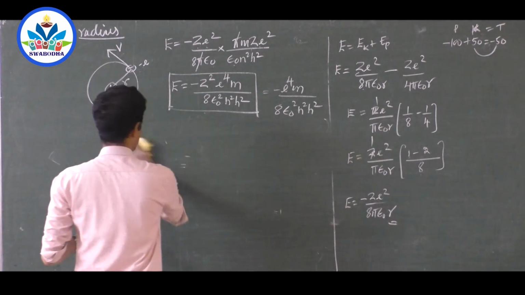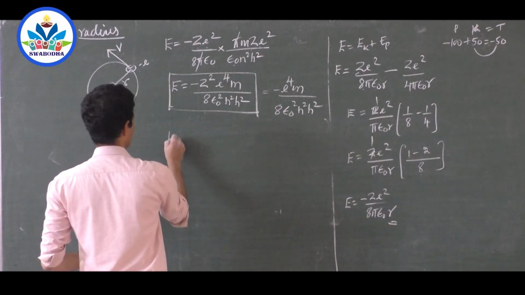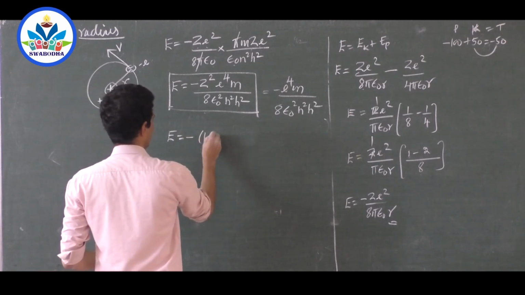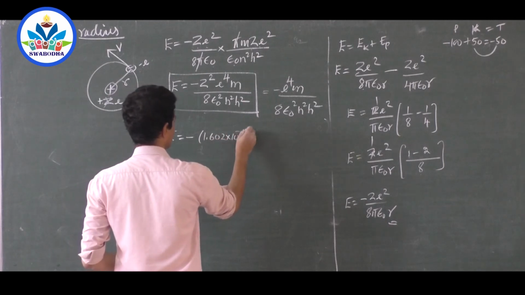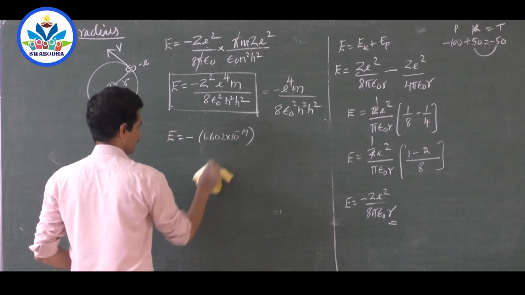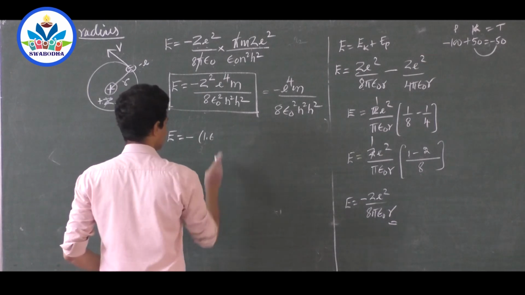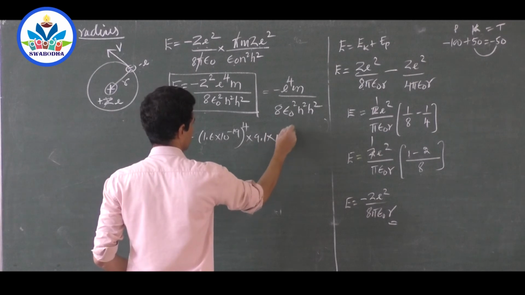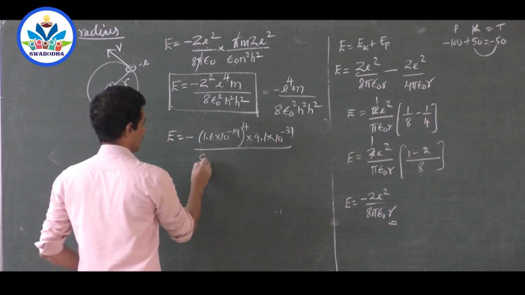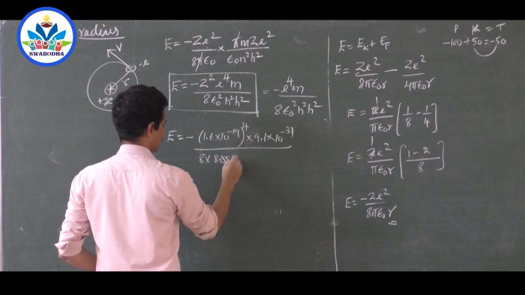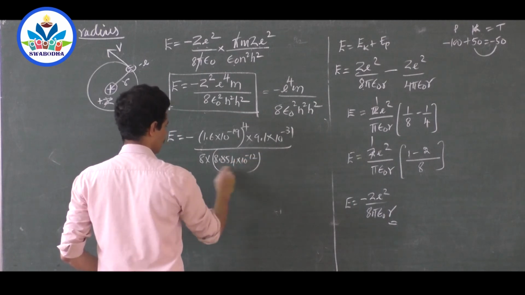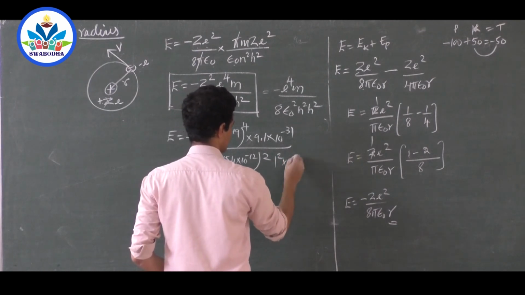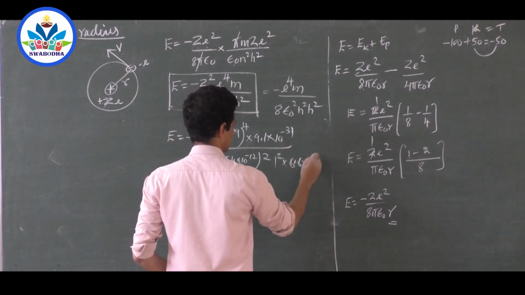The energy is minus 1.6 into 10 to the power minus 19 to the power 4, 9.1 into 10 to the power minus 31 kg, 8 into 8.854 into 10 to the power minus 12 whole squared, n squared 1 squared, h squared 6.6 into 10 to the power minus 34.